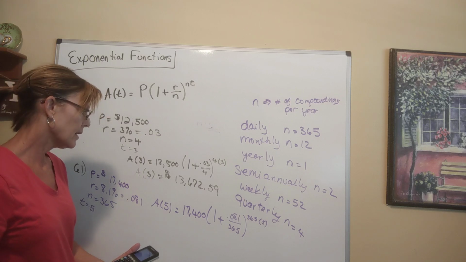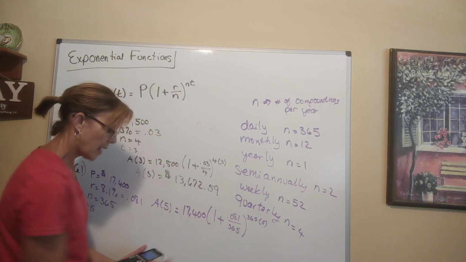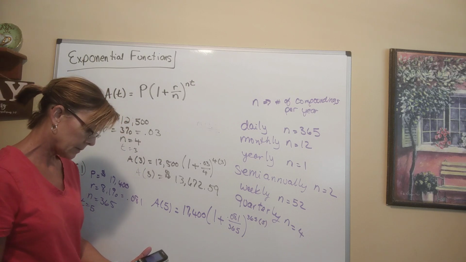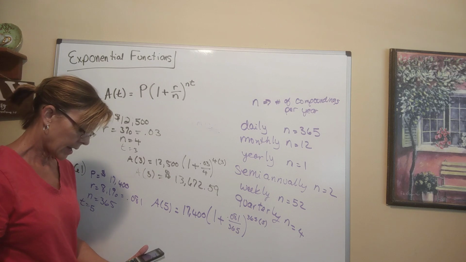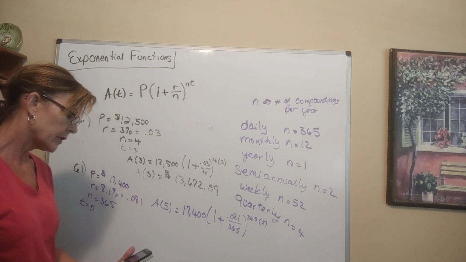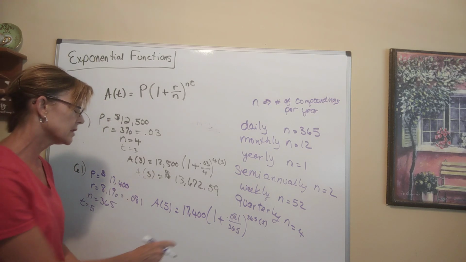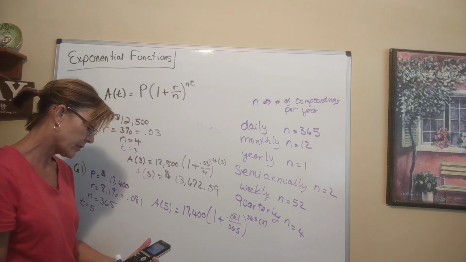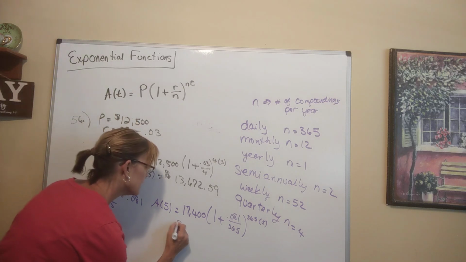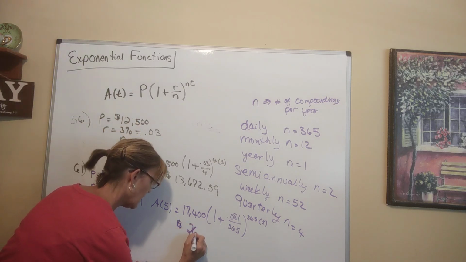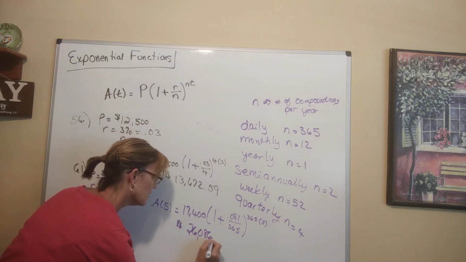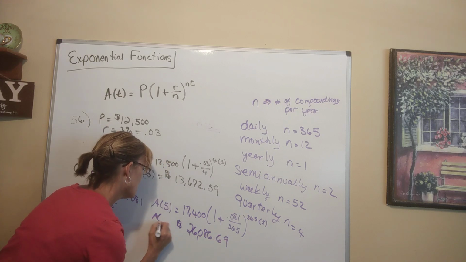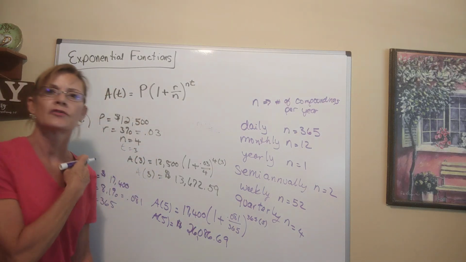Plus 1, I hit enter. I'm going to raise it to the 365 times 5 power, and I get 1.499235 and some more digits. Now I'm just going to multiply that number times 17,400, and I get $26,086.69. This is the amount in the account after 5 years.